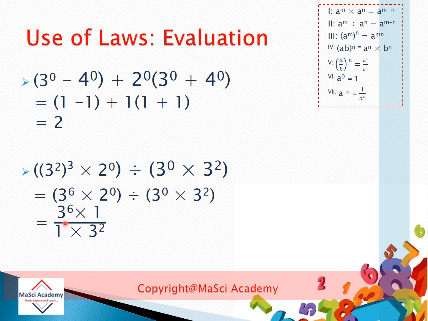So the expression becomes 3 to the power 6 multiplied by 1 divided by 1 into 3 square. We just have 3 left out now with different powers in the numerator and denominator. Finally, it becomes 3 to the power 6 minus 2, that is 3 to the power 4, which comes out to be 81. So laws of exponents are normally used to find the value of any of the given expressions.